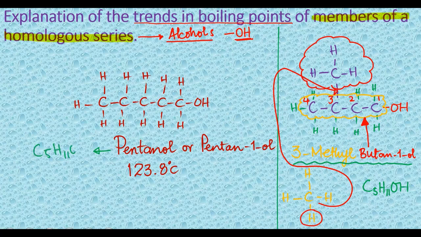So these two compounds are called isomers, which have identical molecular formulas but different structures. Because of the branching, the molecule becomes more spherical in shape, which reduces the contact surface area between molecules and lowers the boiling point. So the boiling point of 3-methylbutan-1-ol will be much less than pentan-1-ol, at around 87.2 degrees Celsius.